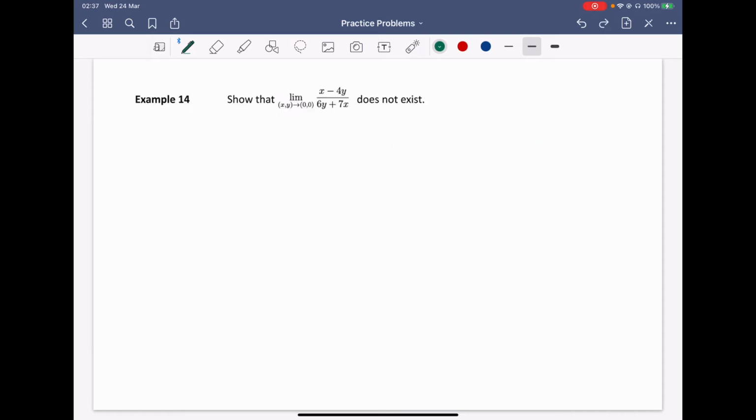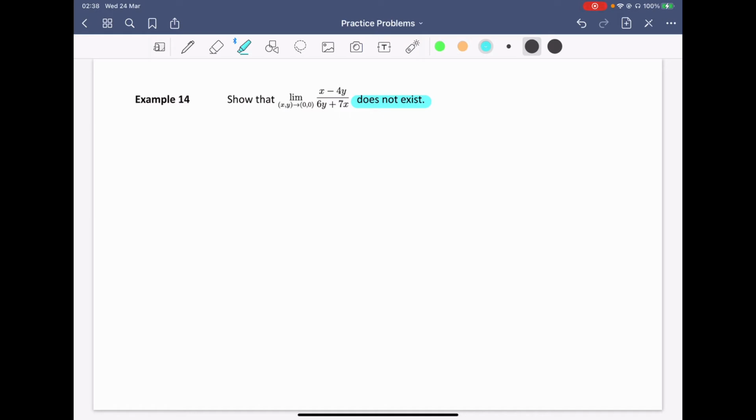All right. Next one is example 14. I want you to show that this limit does not exist. When you see the phrase does not exist here, it is pretty clear that you need to show that the limit does not exist. Well, we already learned in class one way to show that.